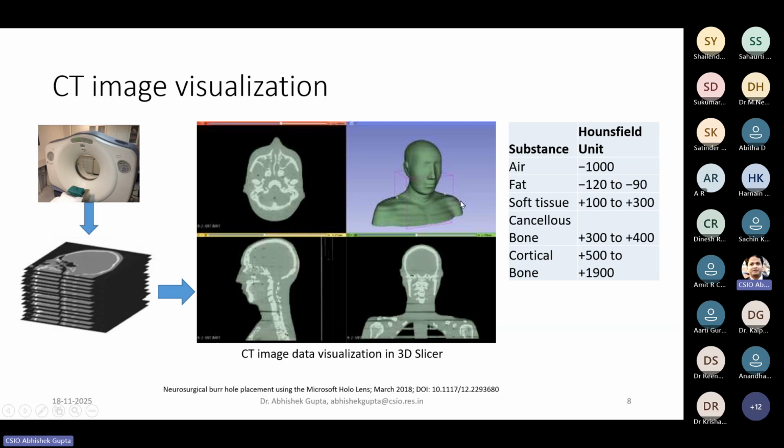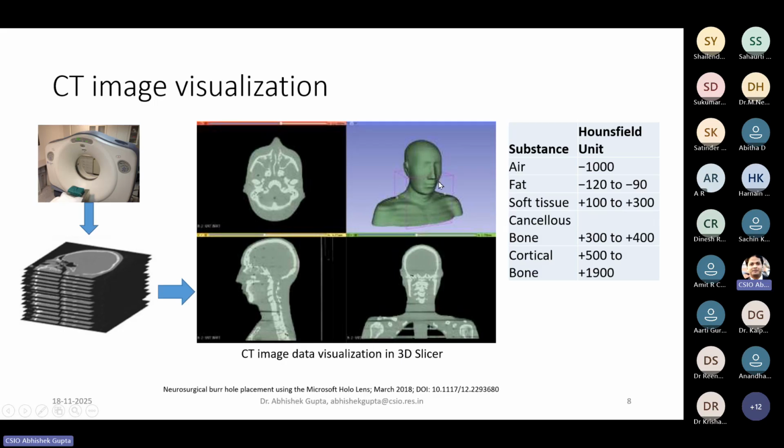This is a 3D volume rendered image, how it looks from the outside. This is the imaging from the side view, and this is from the front view. So for visualization of one human CT data, this type of software is required, where three different cross-sectional views and one volumetric rendered view are there. This is a 3D Slicer view.